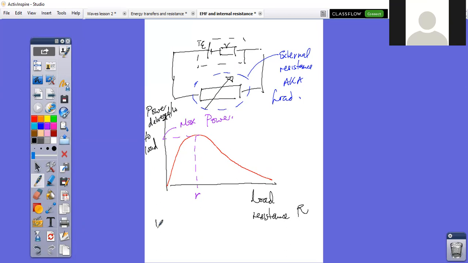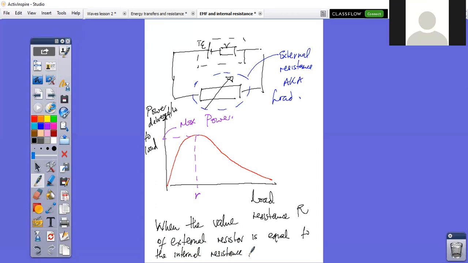So please note, when the value of the external resistor is equal to the internal resistance, maximum power is delivered to it.